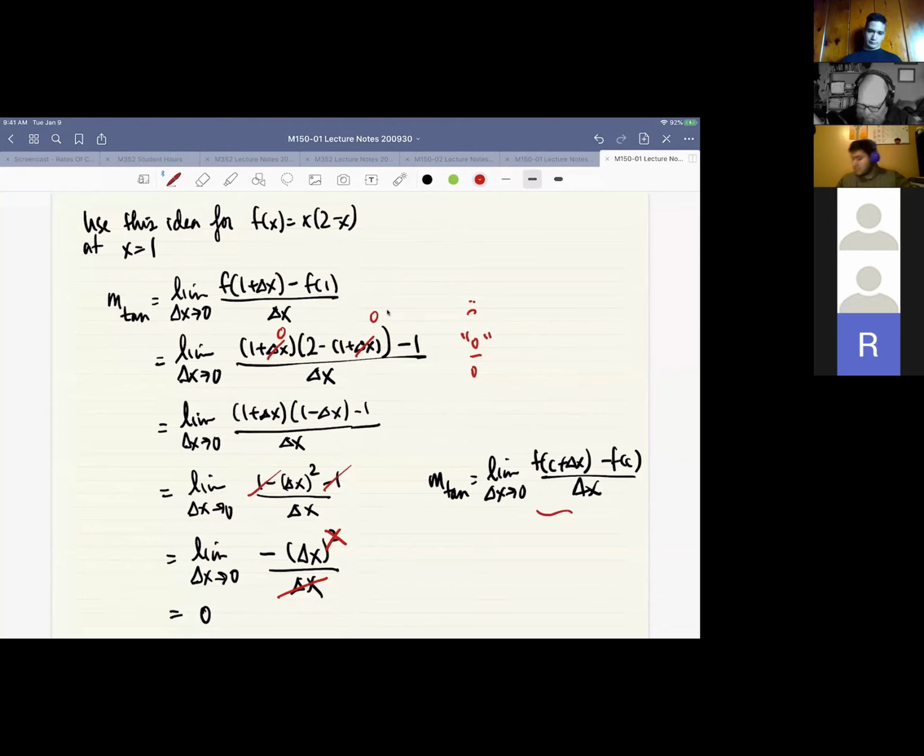This quotient here is often called the difference quotient, because it's delta y over delta x, and each of those deltas is a difference. Okay. So the slope of the tangent line is the limit of a difference quotient. Okay, the limit of the slope of the secant lines.